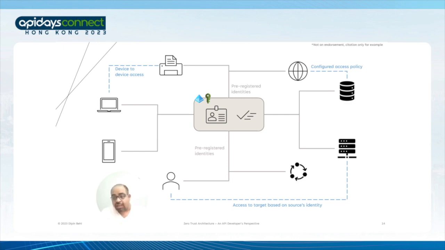Another example, we can also, within the same DevOps pipelines, define the access of a user identity to a particular network or part of that API without having to bake that in within our code and application. IAM systems also come in handy for maintaining the device-to-device access of the enterprise resources.